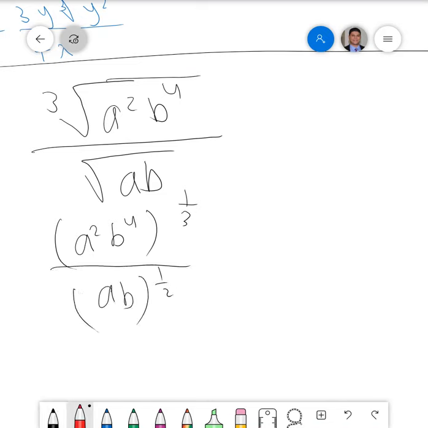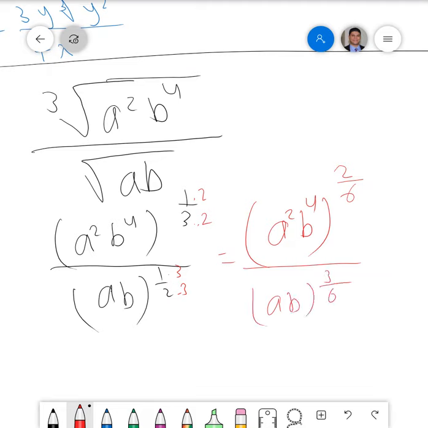Now we have to change both denominators to be the same, so we multiply by 2, multiply by 2, multiply by 3, multiply by 3. Now we have a to the power of 2, b to the power of 4, all to the power of 2 over 6, over ab all to the power of 3 over 6.